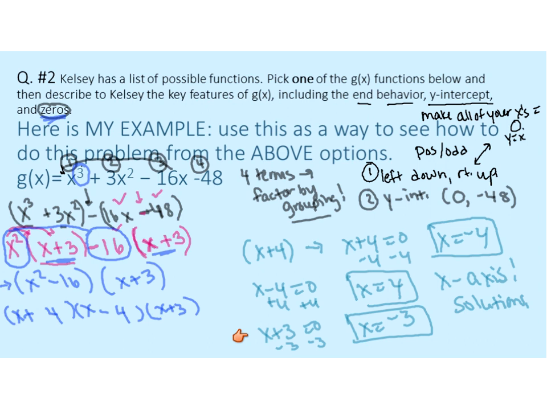Wowza. Okay. Can I have a check mark if you understand now how to get these key features of g of x: end behavior, y-intercept, and zeros? If you have any questions, please put them in the chat box. Okay, so I am waiting, we need one more person.